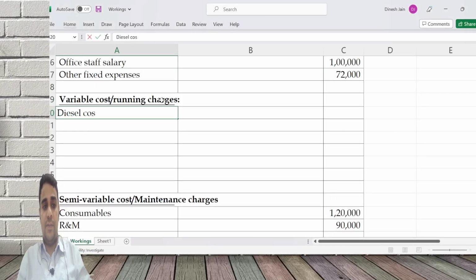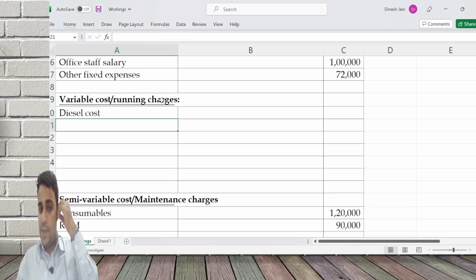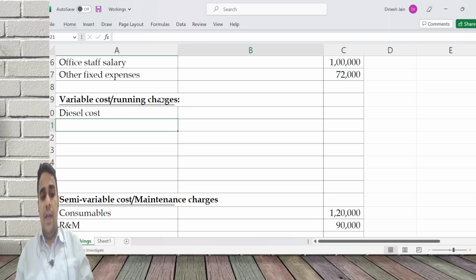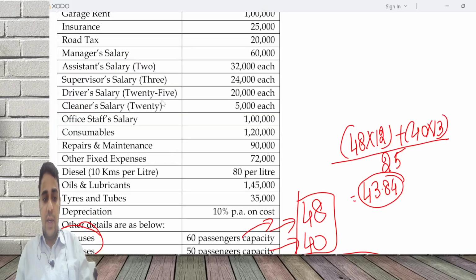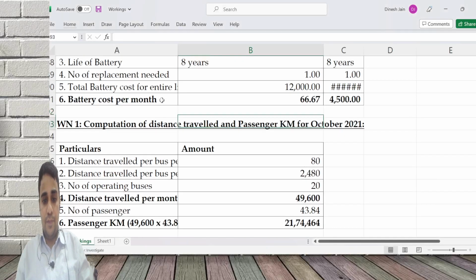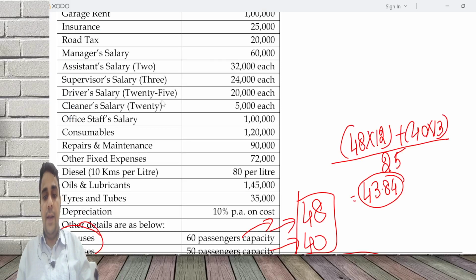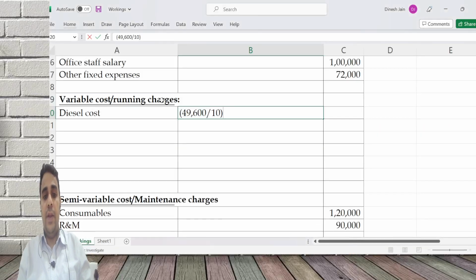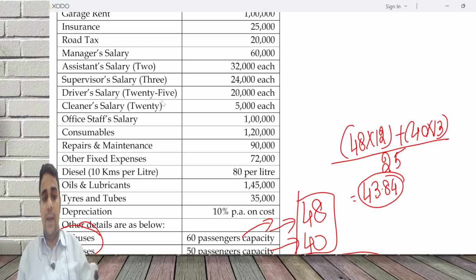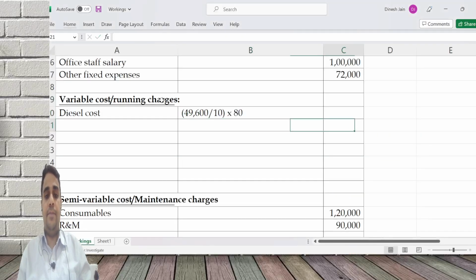Diesel cost, I'll explain this. This needs some explanation. They have mentioned 80 per liter. 49,600 kilometers the buses are going to travel, divided by mileage of 10 kilometers, into 80.